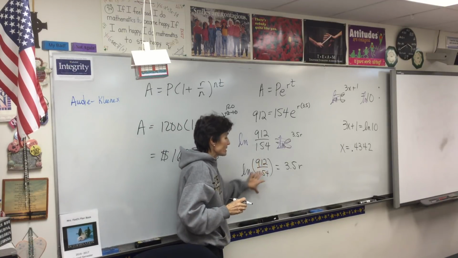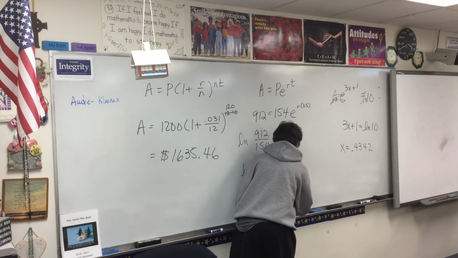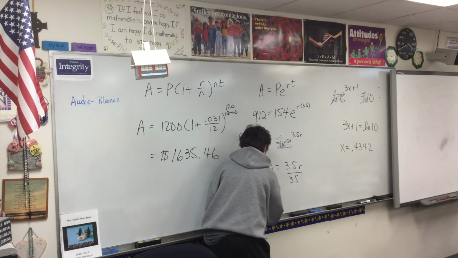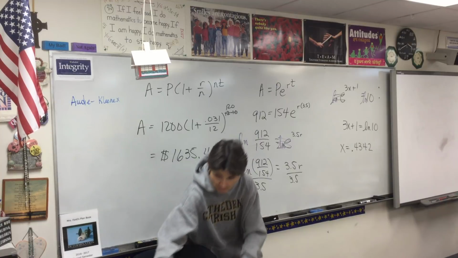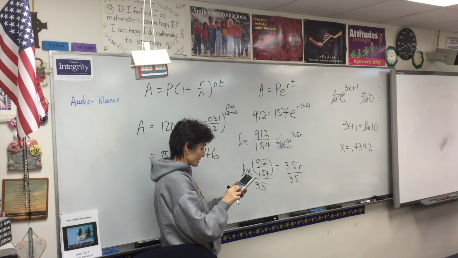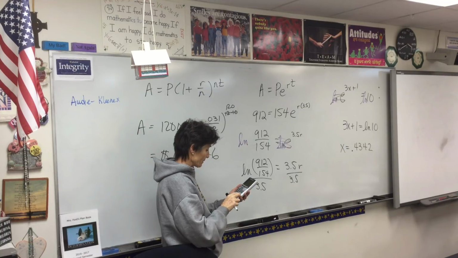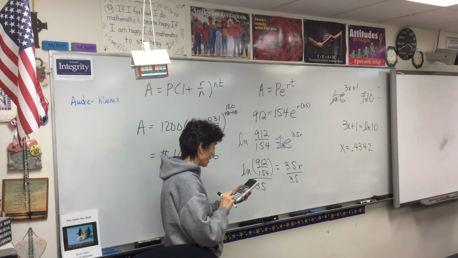So I'm going to type this into my calculator and then divide it by 3.5. And that's going to give me r. So ln 912 divided by 154, divided by 3.5.